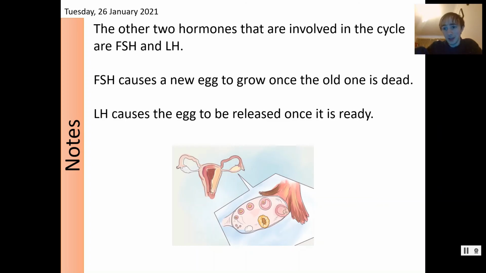There is a trick here, which I didn't mention in our TSH lesson. The trick is, all hormones that are acronyms, all hormones that are abbreviations, are released by the pituitary gland. So that's TSH, FSH, and LH. So if you see a hormone and you're not sure whether it's released by the pituitary gland, is it an acronym?